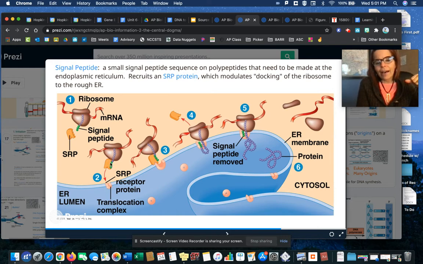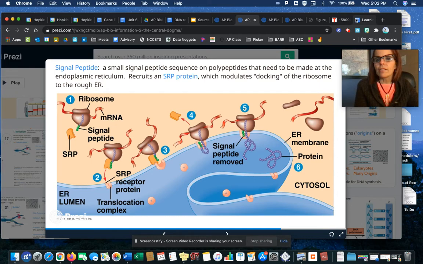That protein gloms onto the protein that's being built and drags it over to the endoplasmic reticulum so that the entire polypeptide or protein gets made within the endoplasmic reticulum. That's what gives the ER its rough look. So the rough ER, now it can be packaged and transported to other areas of the cell.